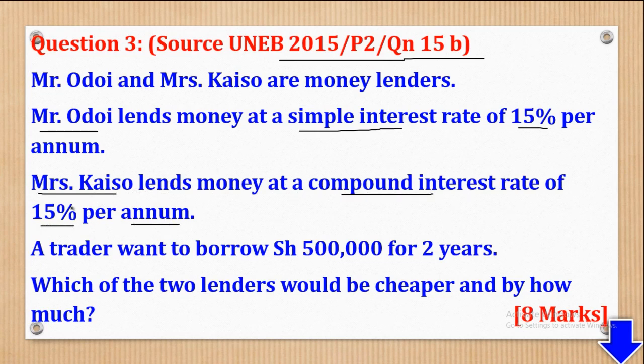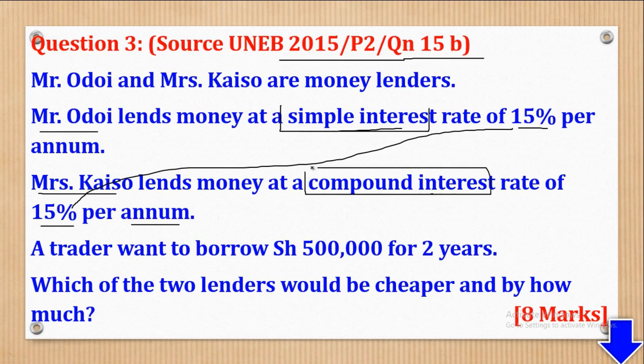So both lend money at the same rate of 15%, but Odoi is simple interest and Mrs. Kaiso is compound interest. A trader wants to borrow shillings 500,000 for 2 years. Which of the two lenders would be cheaper, and by how much?